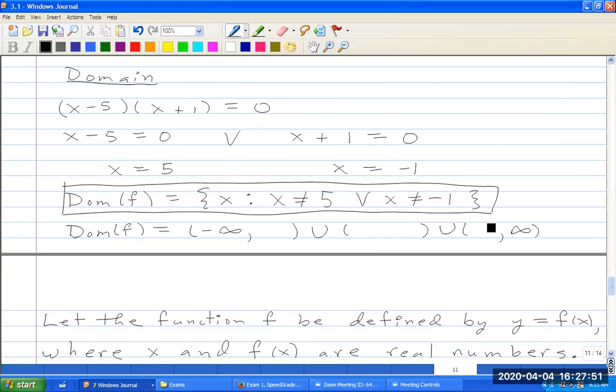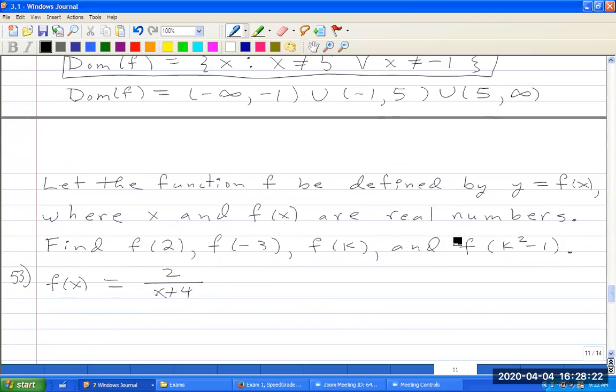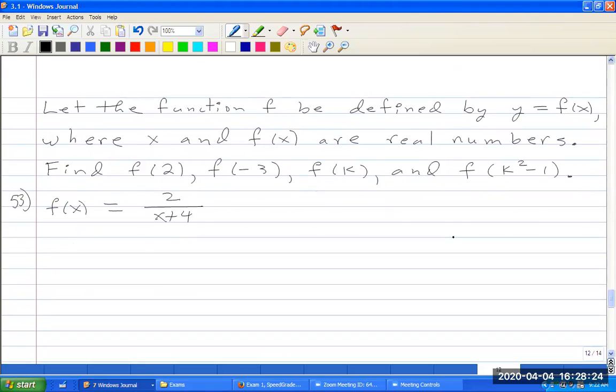Yes, bad error. Okay, so the domain is everything except for positive 5 and negative 1. So negative infinity to negative 1, negative 1 to 5, and 5 to infinity. Sorry about that. So it includes everything except for negative 1 and positive 5.